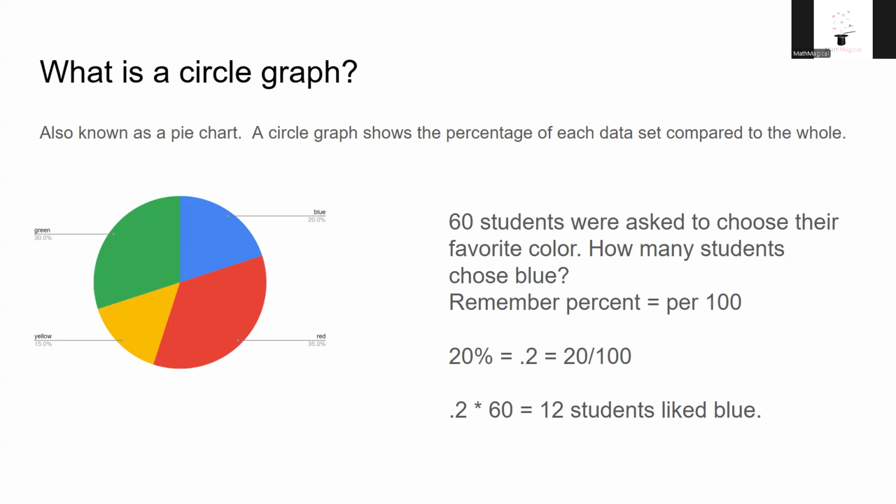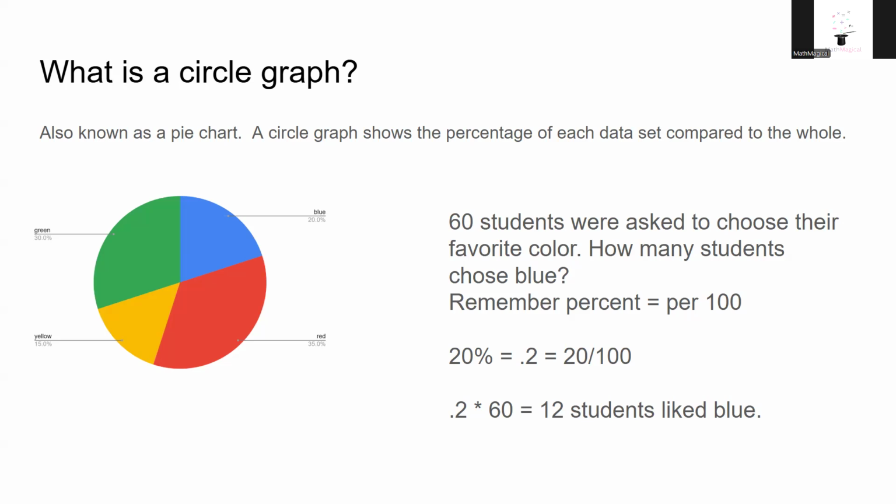Now remember, 20% can be written as a decimal as 0.2 or as a fraction as 20 over 100. Earlier in the school year, you learned about converting percents to decimals and fractions. So when we're about to do some math with percents, we want to convert it either into a decimal or a fraction. Typically, we go to the decimals though.